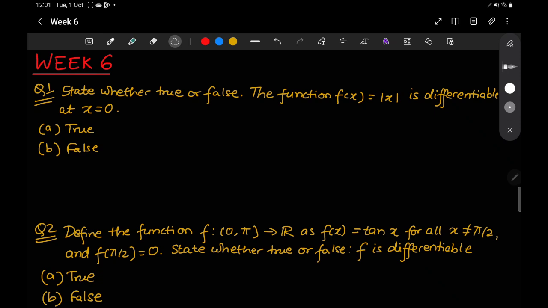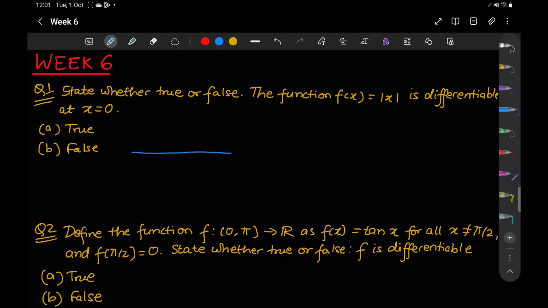Okay, let us now discuss the answer. For that, let me draw the graph of f(x) equals mod x. My x-axis and my y-axis. And the graph. So this is how the graph for f(x) equals mod x looks like.